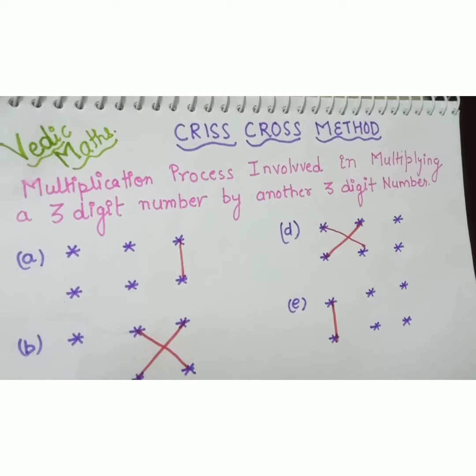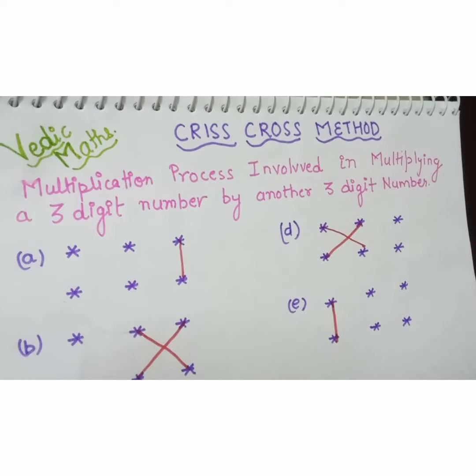So I am going to start the Vedic maths class, the crisscross method. Earlier I have taken part 1, in which I explained the multiplication process involved in multiplying a 2-digit number by another 2-digit number. Now in part 2 I am going to explain the multiplication process involved in multiplying a 3-digit number by another 3-digit number.